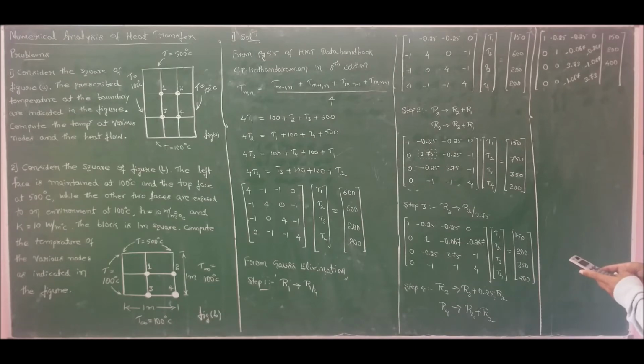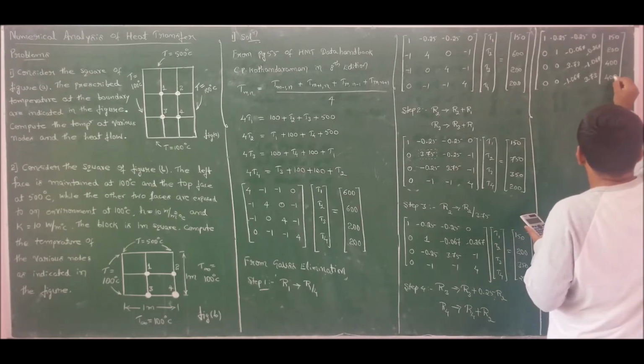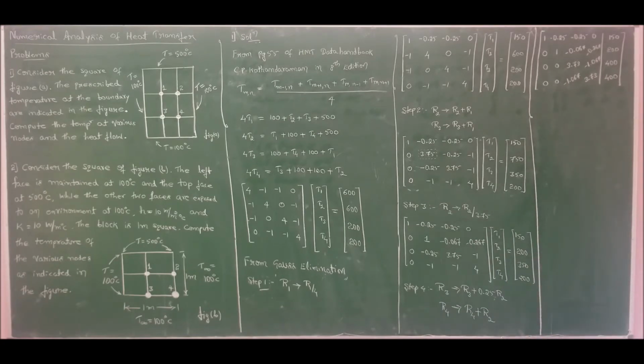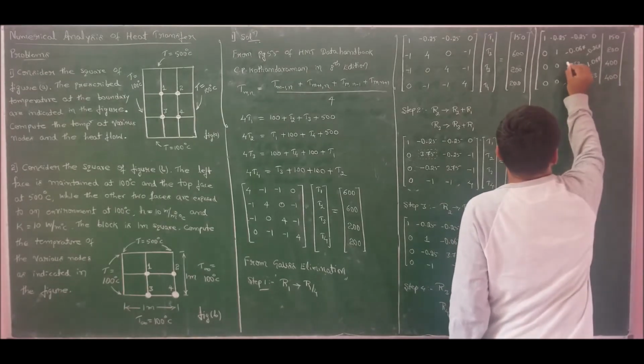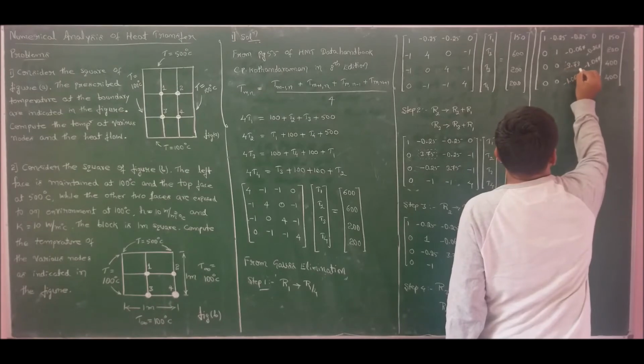We have 200 plus 200, which is 400. So this completes step 3. Now in step 4, I should make this key element as unity.